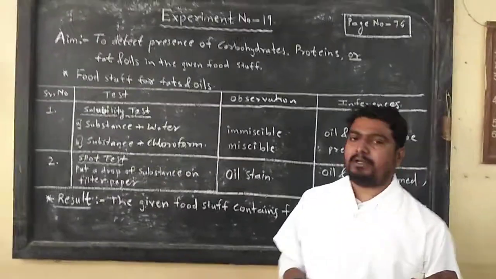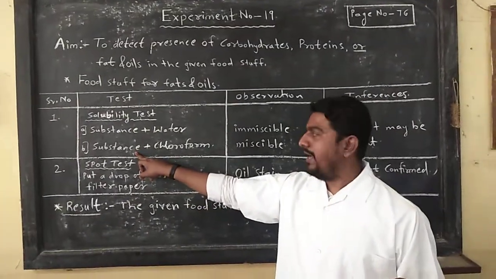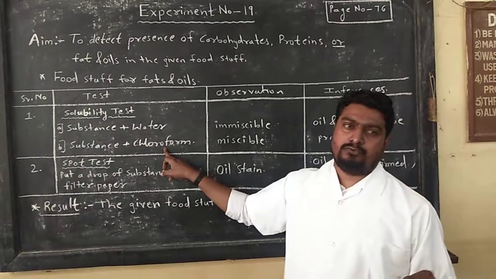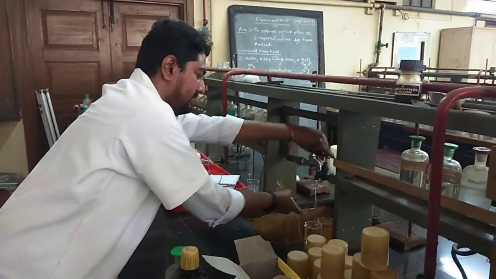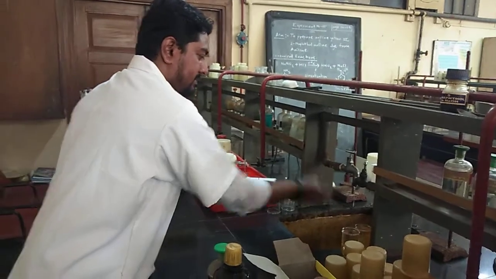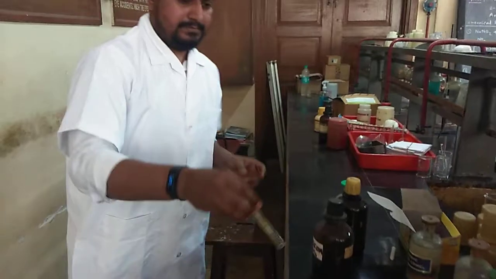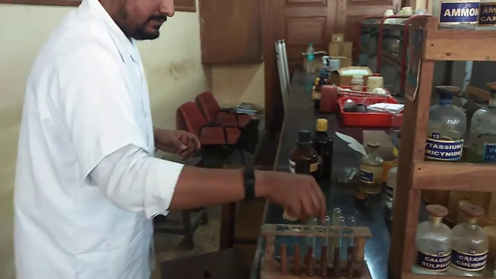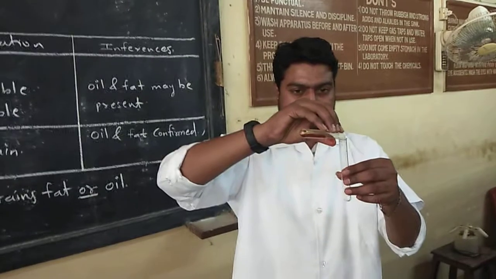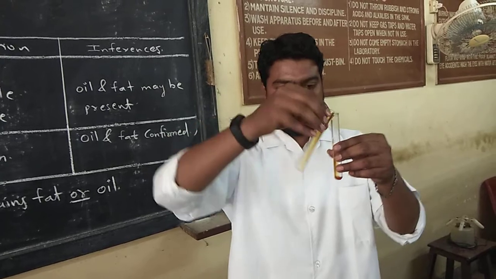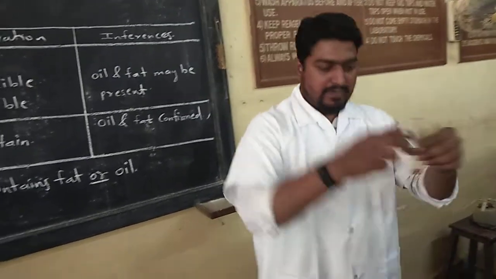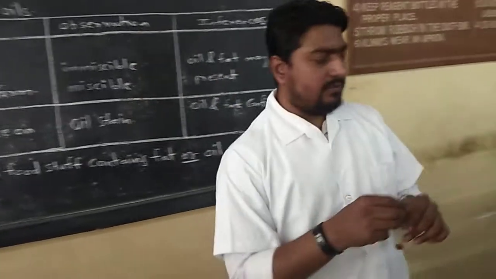For the second solubility test, we have to take a little amount of the substance again, the given foodstuff, and in this what we have to add?